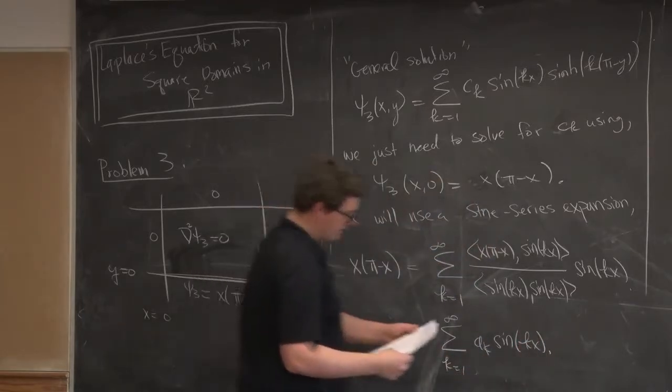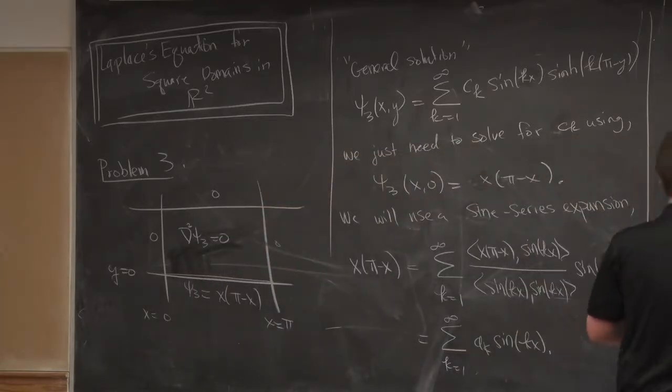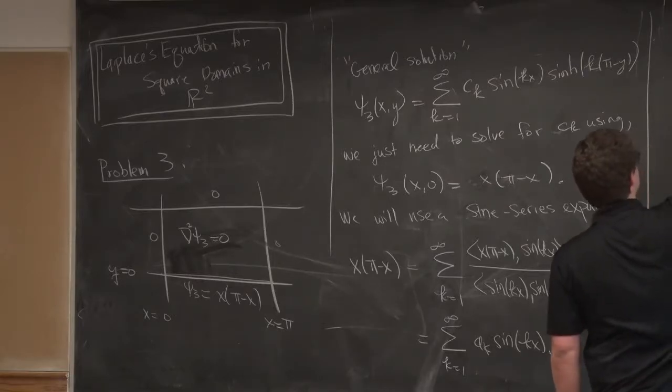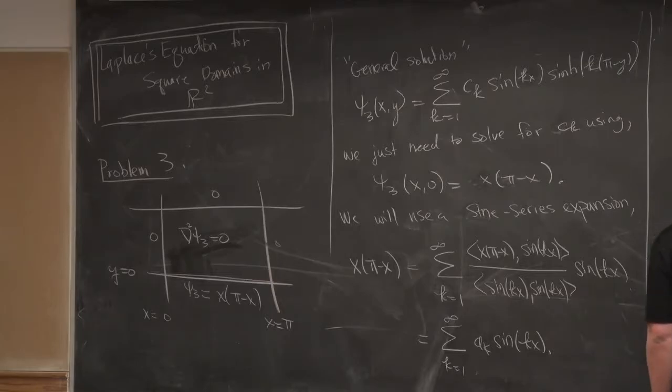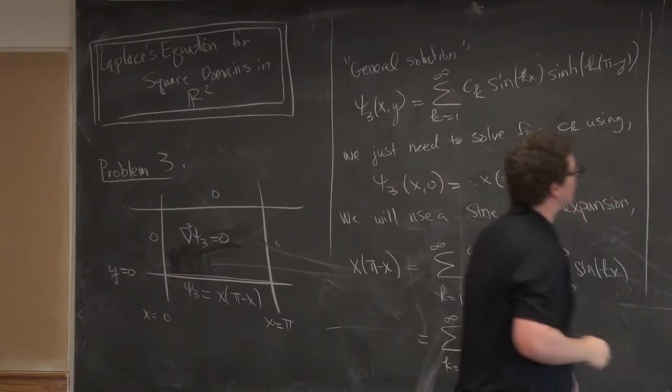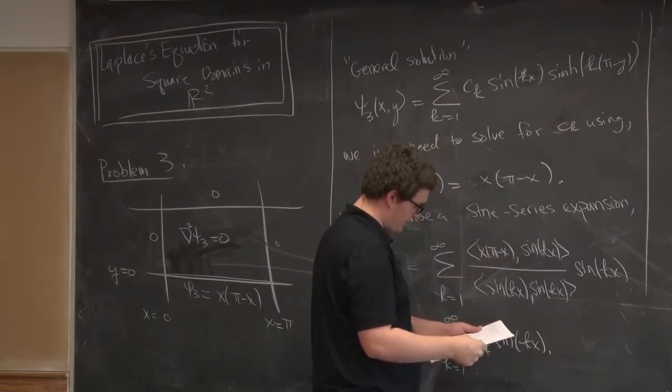It turns out that a_k is the integral from 0 to pi of x(pi minus x) sine of kx dx, divided by the integral from 0 to pi of sine squared kx dx. The bottom one is pi over 2.